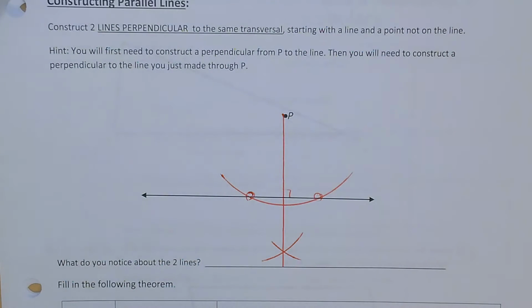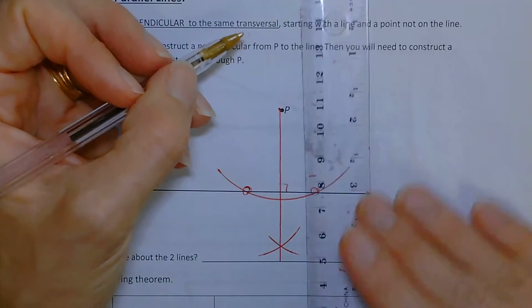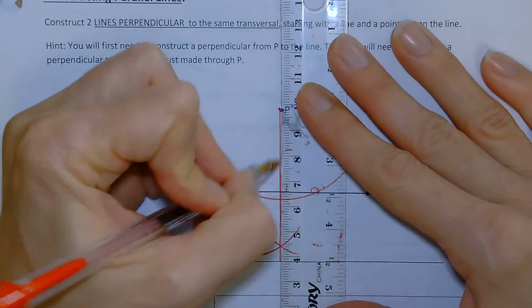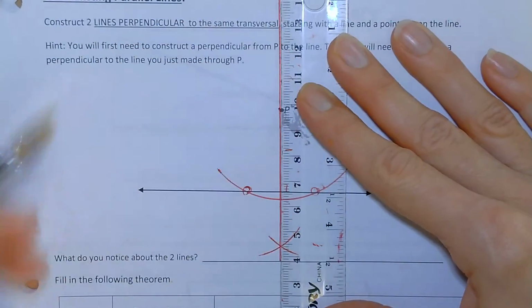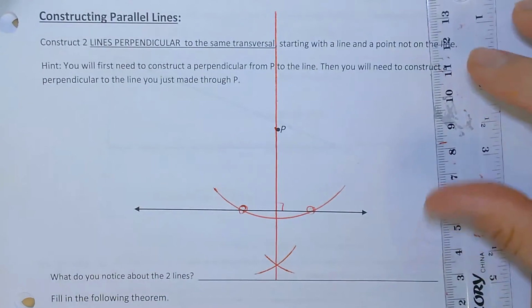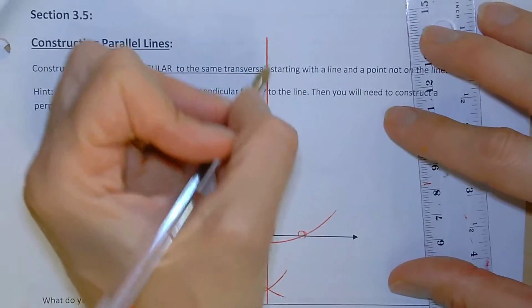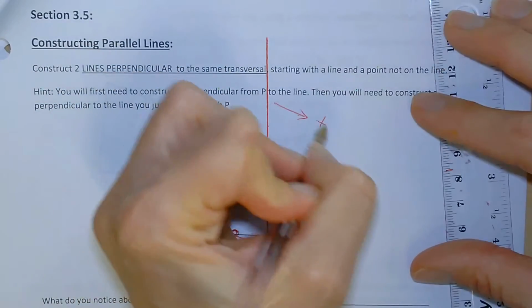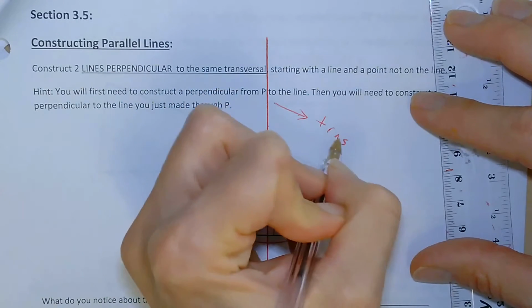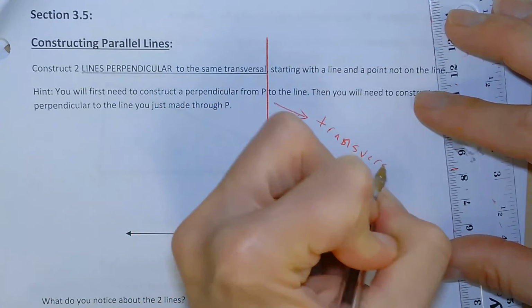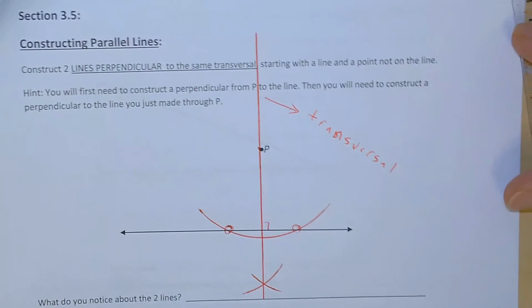Now, what I'd like you to do is make the line that you just made an actual longer segment. Let's go up through P and make it longer than we normally do, because this is going to end up being the transversal for us. Oops, transversal. So that will be our transversal.